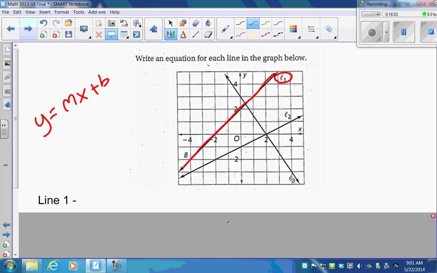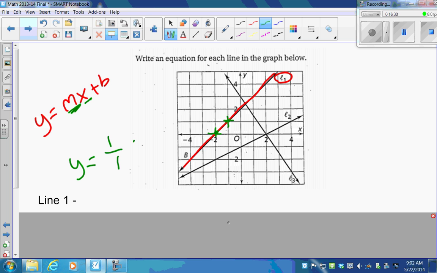Pause it now. So the trick for writing equations is finding points that are exactly where the two lines cross. So there's my first point, and there's my other point. So y equals, my slope is m. So this one, rise over 1, it rises 1 and runs 1.